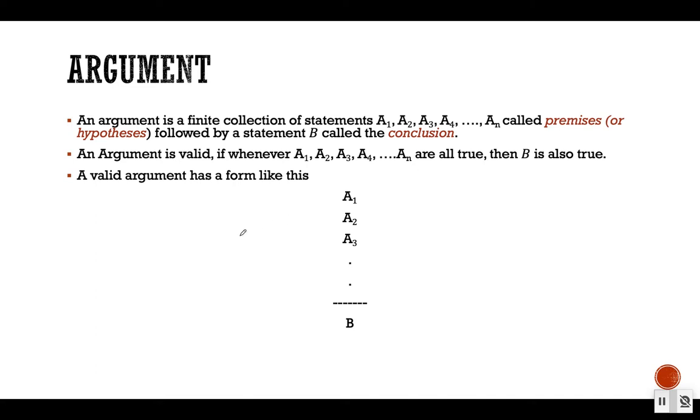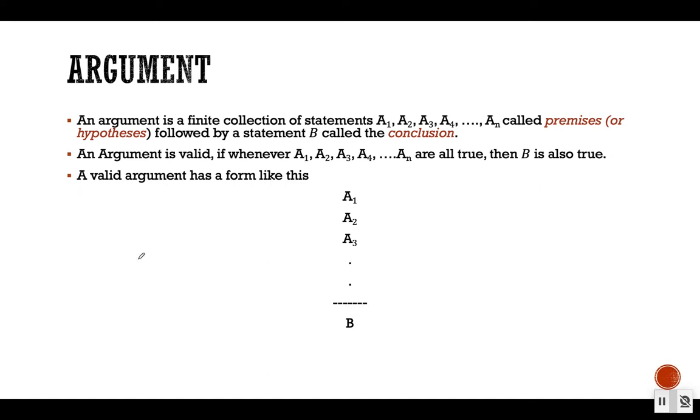So I am introducing some statements as hypotheses, and then I am following with another statement as a conclusion. An argument is valid if, when the premises are all true, the conclusion is also true.